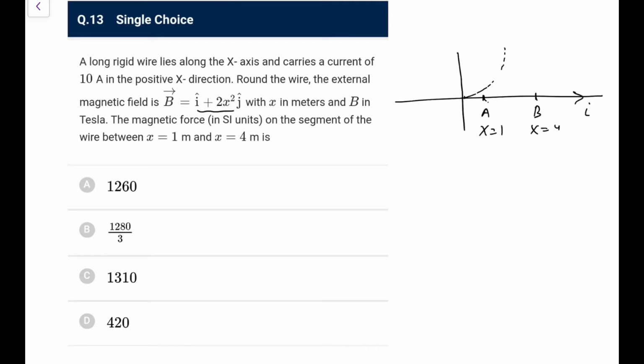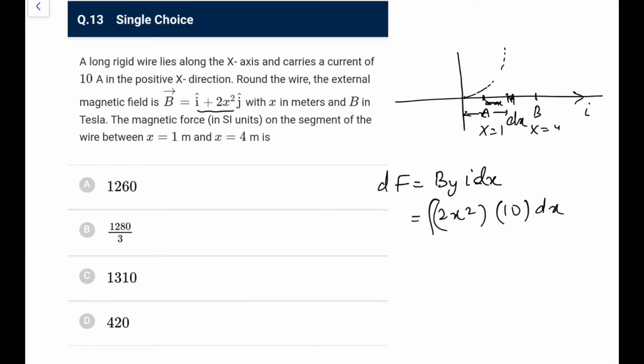So what we can do, go to a distance, let's say, any distance x and take a small dx. So the force we write as BIL, and we take the component of B perpendicular to the wire, so that would be By into I into L, that is dx. So that is a small force. So By at this point is 2x square, I is 10 into dx, and now you have to integrate it.